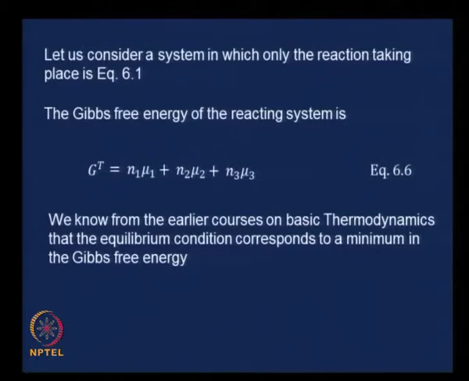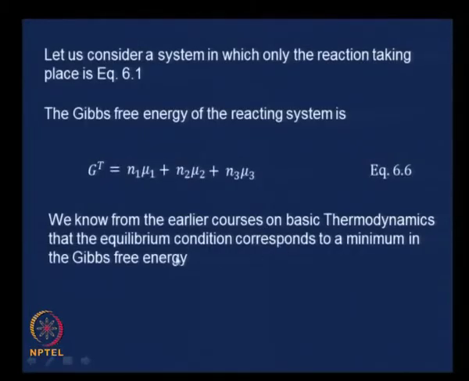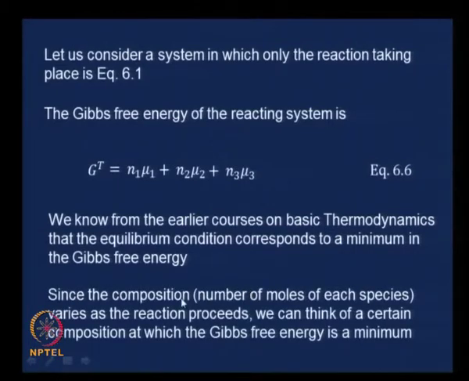And now we know from either chemistry courses, the thermodynamics aspects of chemistry courses, or some specific courses that you would have taken earlier, that the equilibrium condition corresponds to a minimum in the Gibbs free energy. I am just going to take this directly from whatever we know earlier, that a minimum in Gibbs free energy occurs at equilibrium. Since the composition, or the number of moles of each species, varies as the reaction proceeds, we can think of a certain composition at which the Gibbs free energy is a minimum.